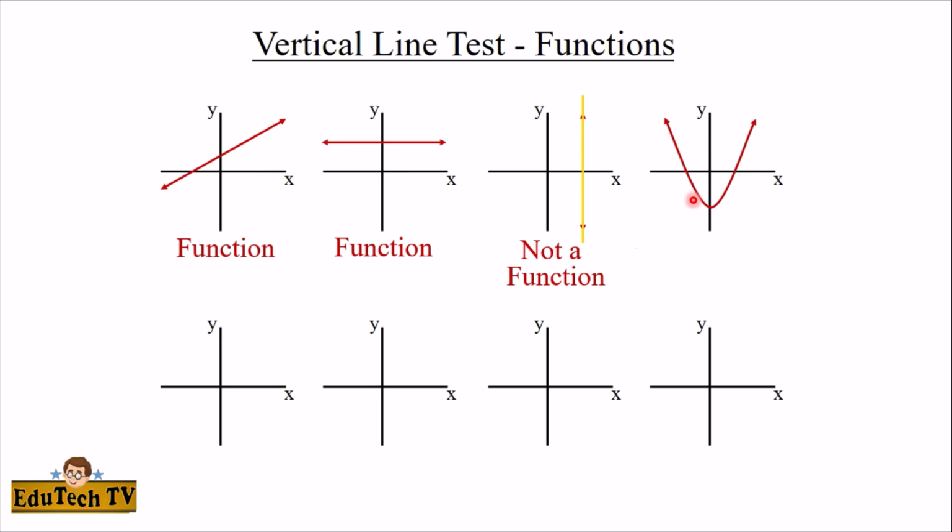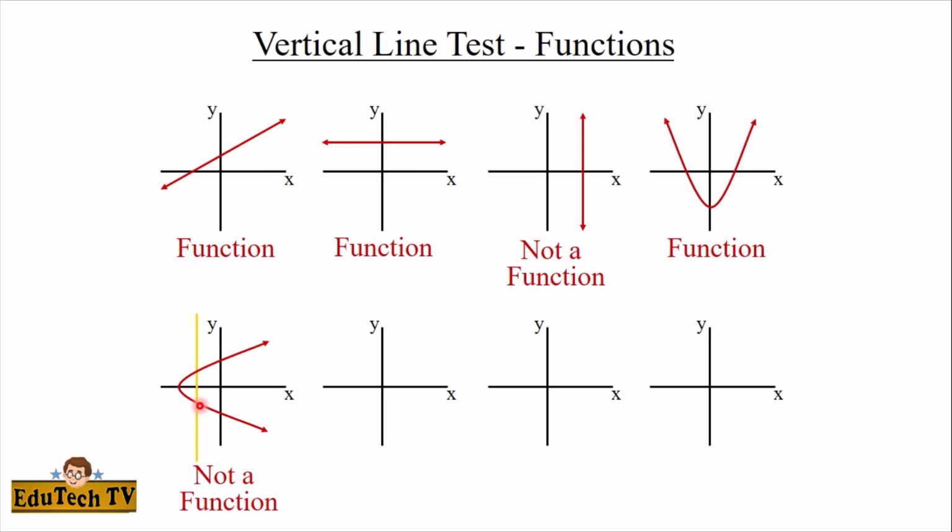How about this? Of course, pag minove natin yung pencil, again, there's only one point being crossed. That's a function. How about this graph? When we put the pencil here, there's only one point. Pero pag minove natin, there are already 2 points. One here and there's only one there.